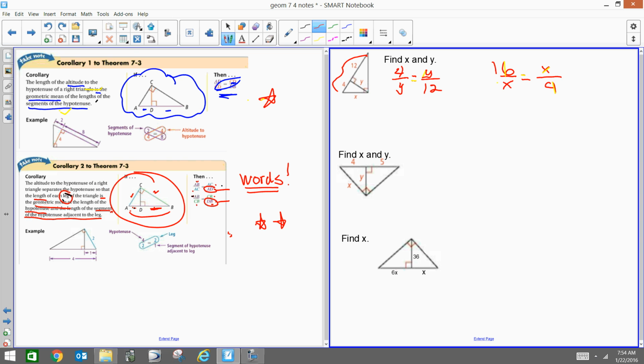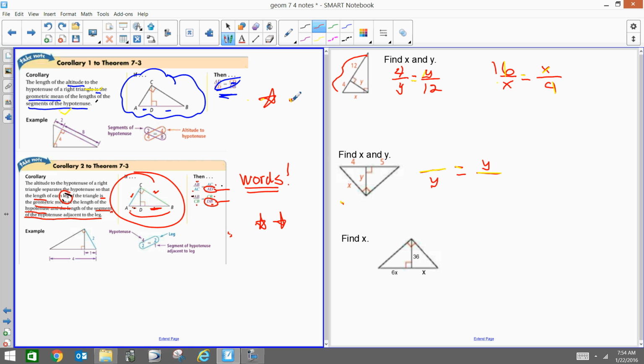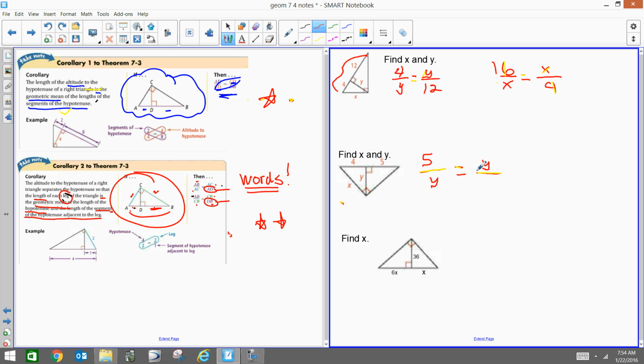Over here on the second example, it looks like the Y is the altitude. Remember, the altitude is the geometric mean between the segments of the hypotenuse, which are 4 and 5.